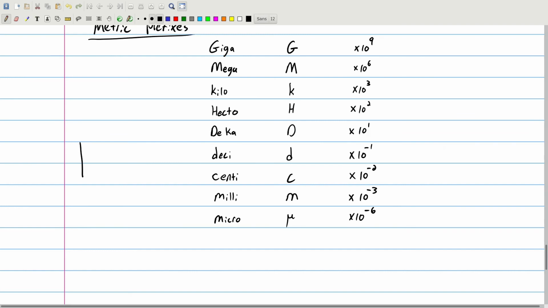It's a stick, it's kind of a U shape up here, and then kind of a tail like that. Sometimes you'll see people try to be fancy and put something there or something over here. I wouldn't worry about that. That's a good enough mu for me. Okay, and finally, nano is going to be a lowercase n. It is times 10 to the negative 9th.